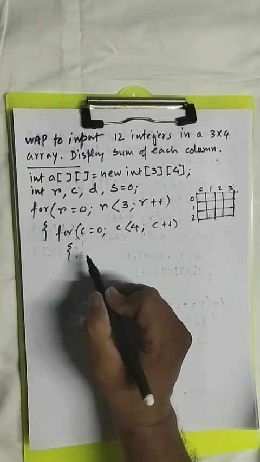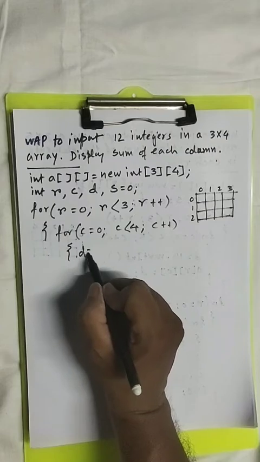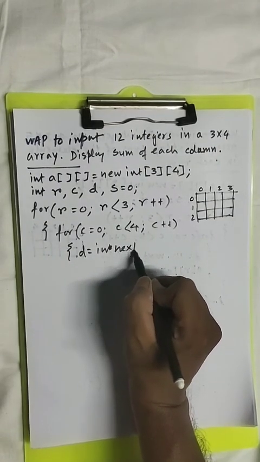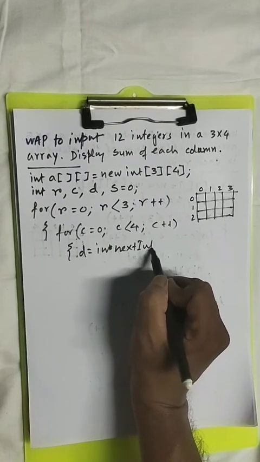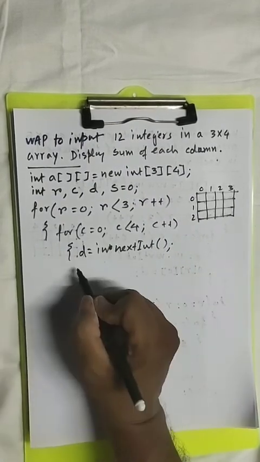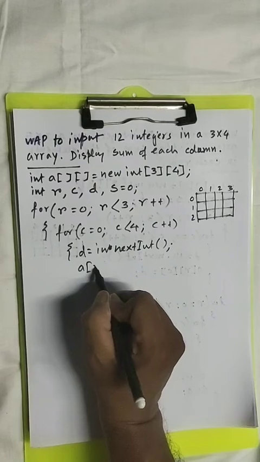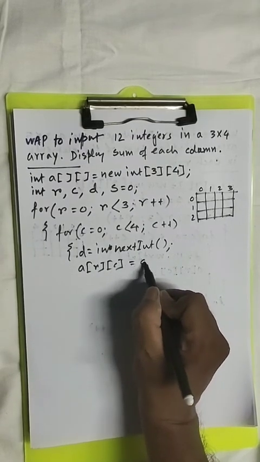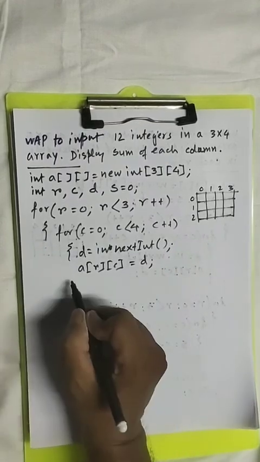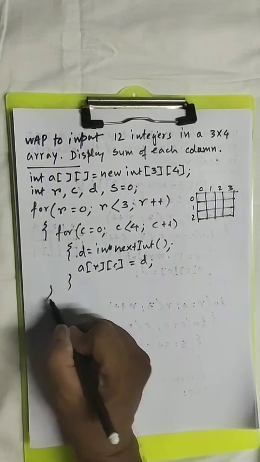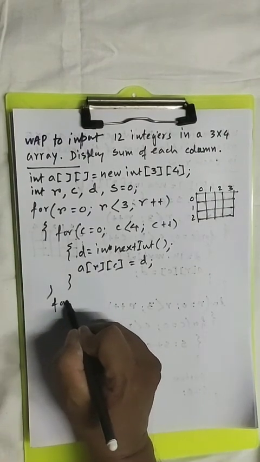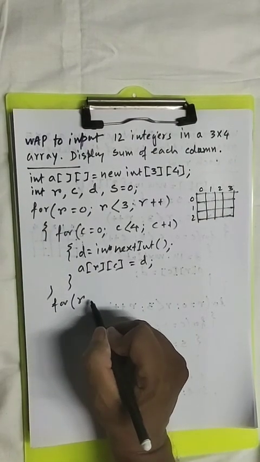So first we'll input the numbers. d equal to in dot nextInt, a[r][c] equal to d. Storage part is complete.